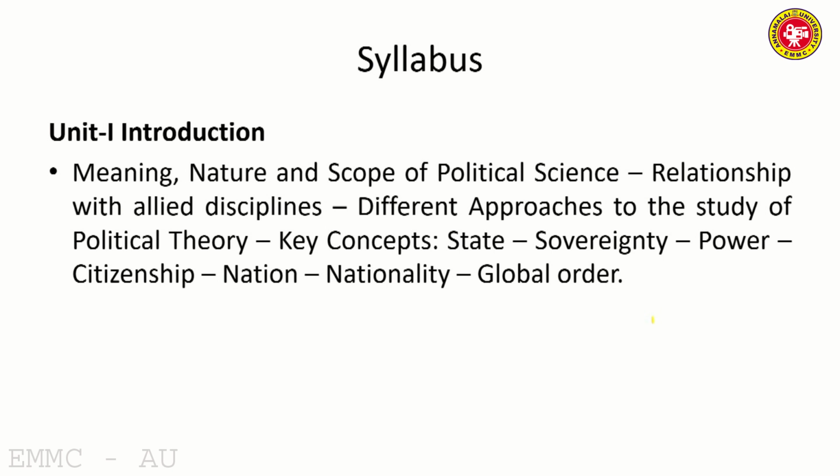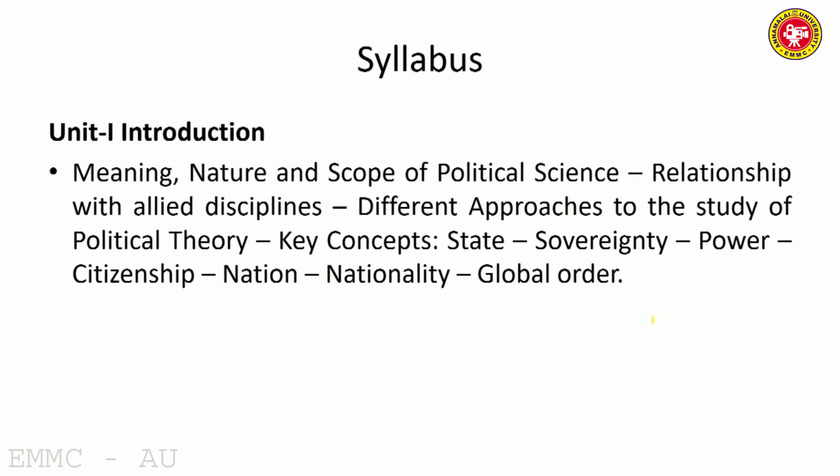Next, nation. Nation means birth, because the word nation is derived from the Latin word natio or natus, meaning birth. That is why, based on national identity, nationalism will emerge and nationality will also come. So the nation plays a significant role.